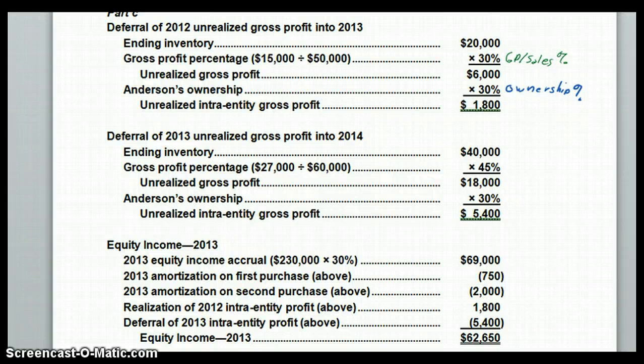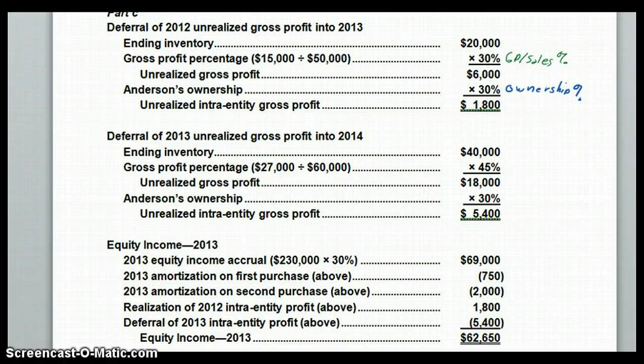So Andersen is selling inventory to Behringer. Remember, there's always going to be a price to Behringer and a cost to Andersen. The price to Behringer is Andersen's sales price.